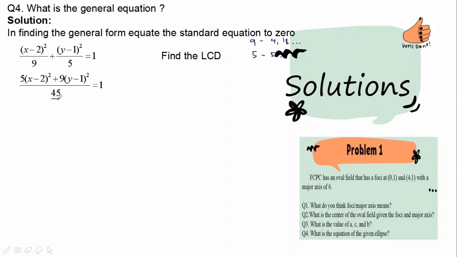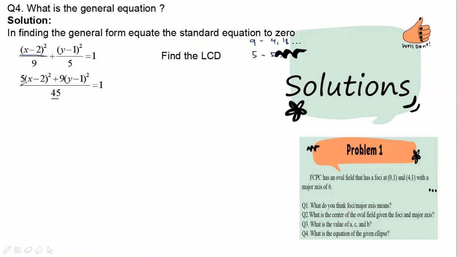So we have 45 here. Next, we will multiply the common multiple to the original terms. So 45 divided by 9 is 5, times our quantity x minus 2 squared.